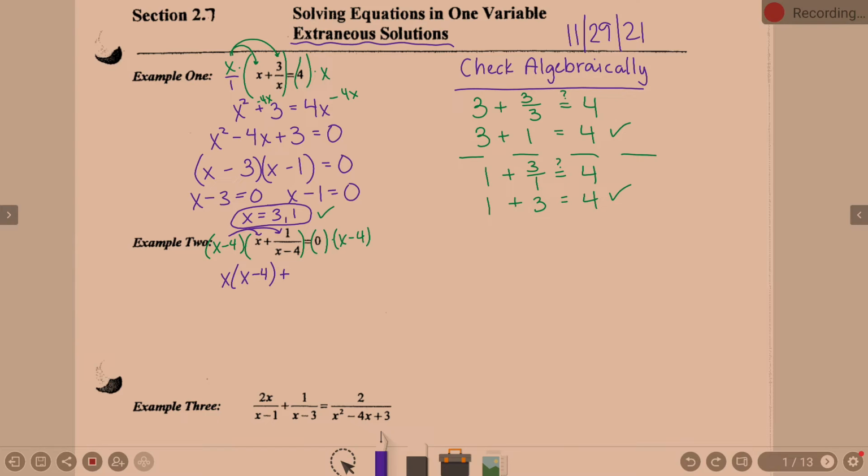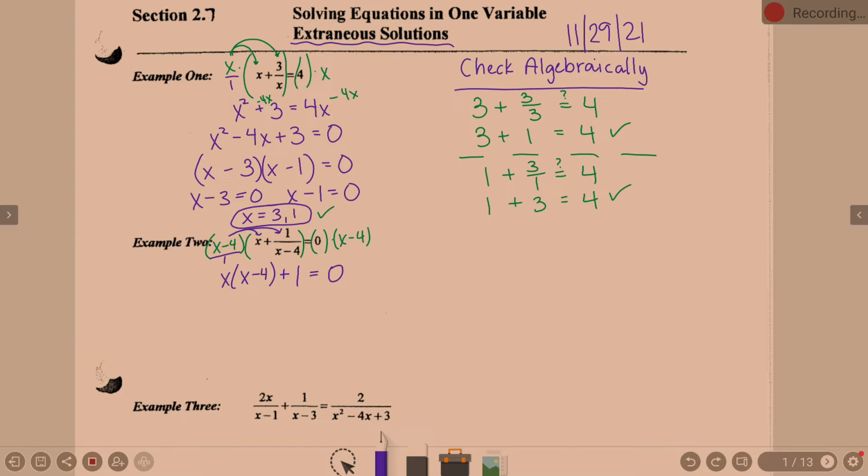Those x minus 4s will cancel, and we're left with a 1. On the right, what's 0 times x minus 4? 0.